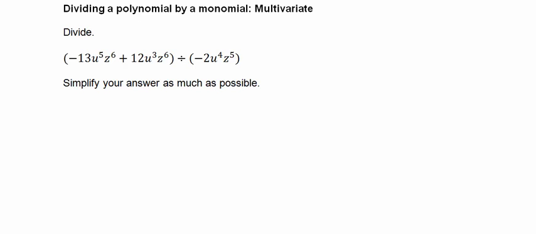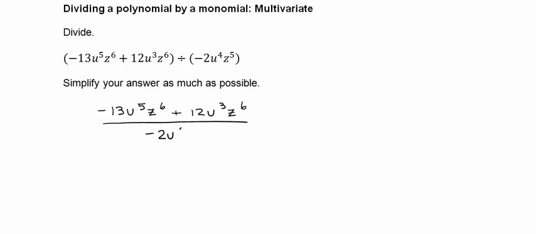So we can rewrite it as negative 13 u to the fifth z to the sixth plus 12 u to the third z to the sixth, and I'm going to divide that. Remember, the fraction bar is also a symbol for division, and we have a negative 2u to the fourth z to the fifth. Okay, so again, this is just one term, right?